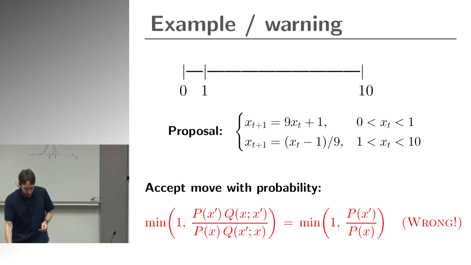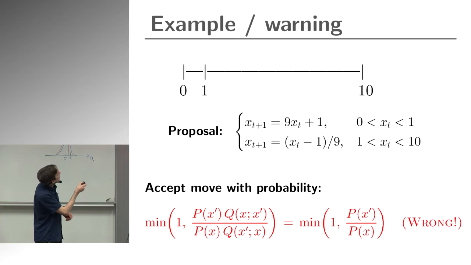So this transition operator says, if I'm in the first region between 0 and 1, I'm going to multiply my current state by 9 and add 1. So if I'm currently here at 0.8, I will go to 9.1 or whatever it is over here. And if I was at 9.1, I follow the second rule. I take 1 off my current state and divide by 9, and that will teleport me back to somewhere in this region.